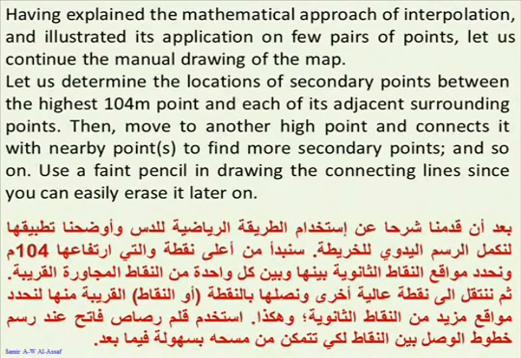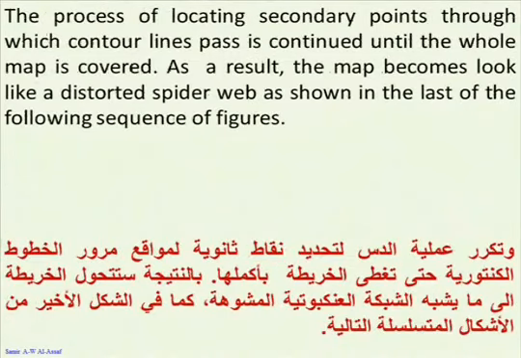Use a faint pencil in drawing the connecting lines since you can easily erase them later on. The process of locating secondary points through which contour lines pass is continued until the whole map is covered. As a result, the map comes to look like a distorted spider web, as shown in the last of the following sequence of figures.